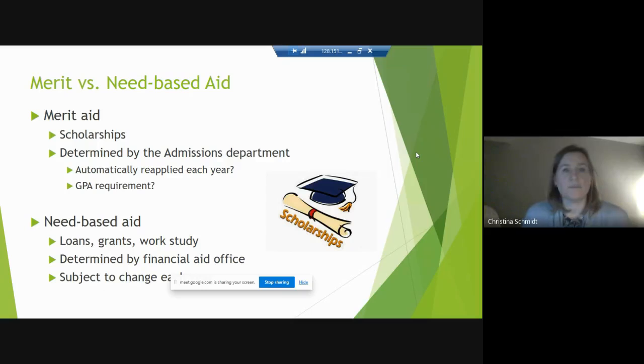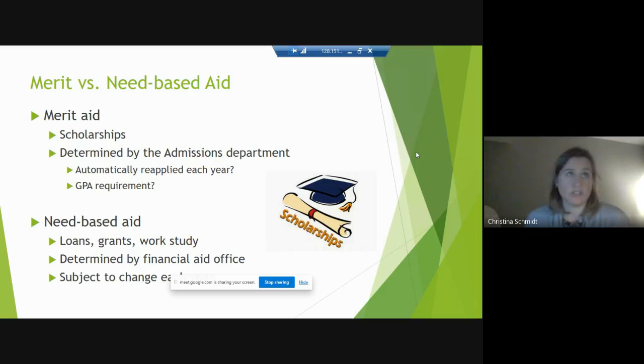All right. I want to briefly talk about the difference between a merit aid or merit scholarship and need-based financial aid. I talked briefly about the merit. Your school may or may not award a student a merit scholarship, and if they are awarded that scholarship, it's important to understand whether or not it's automatically reapplied each year, and if there's a GPA requirement.